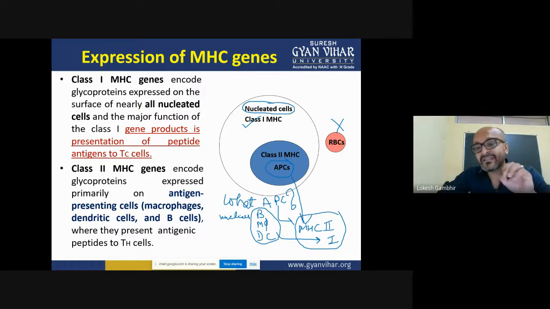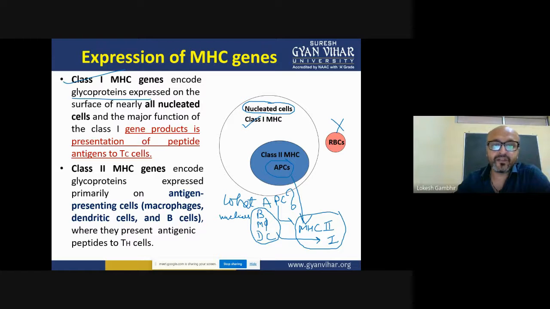B cells specifically can elicit the humoral response, and can also trigger the cell-mediated response. So please remember, APCs contain both types of MHC molecules.